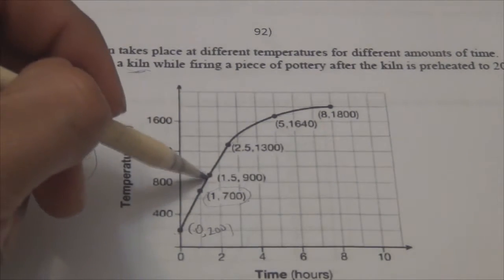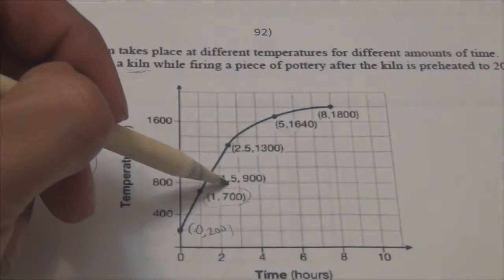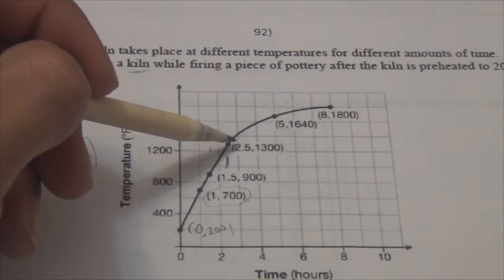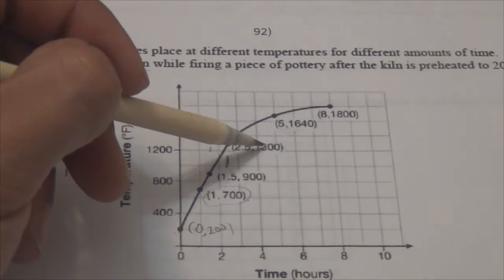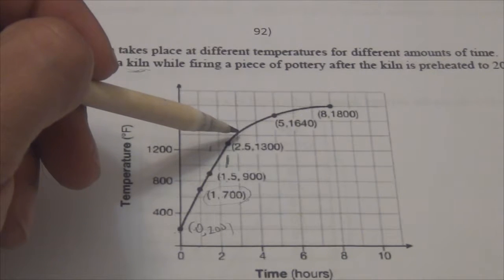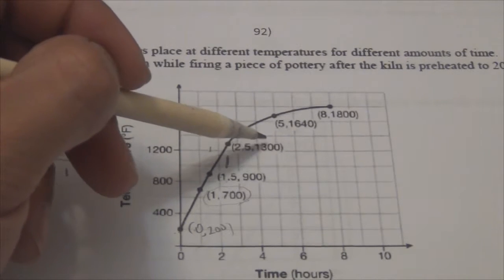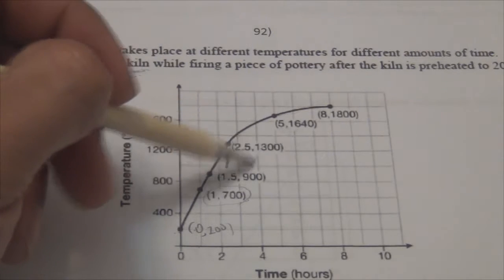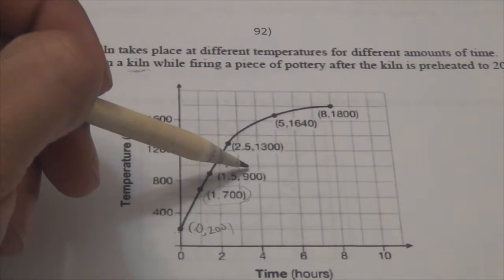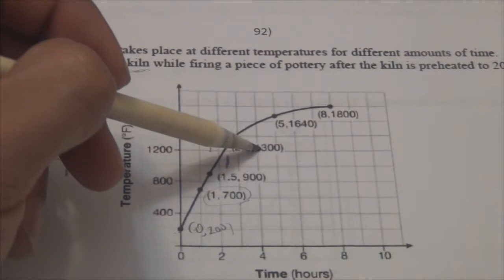No. How about here? Well, 2.5 minus 1.5 is 1. Okay, let me put the 1 here. And then this is 1,300, and this is 900. So the temperature went from 900 to 1,300.